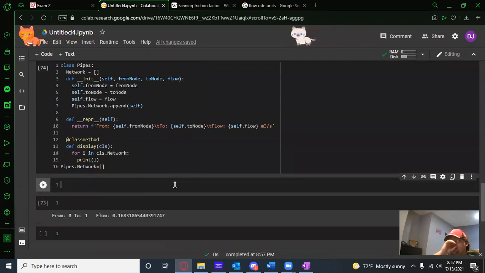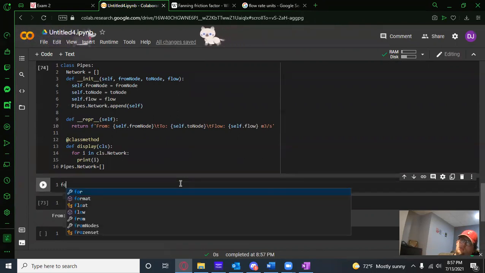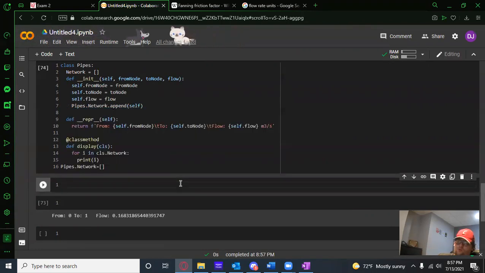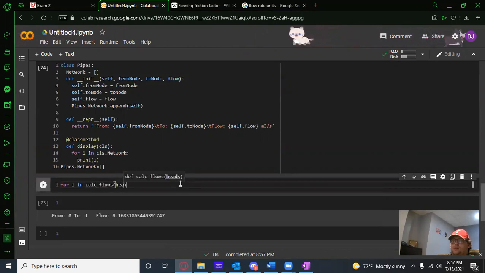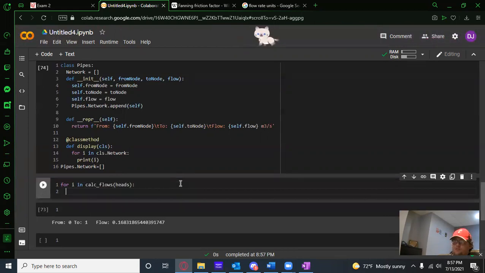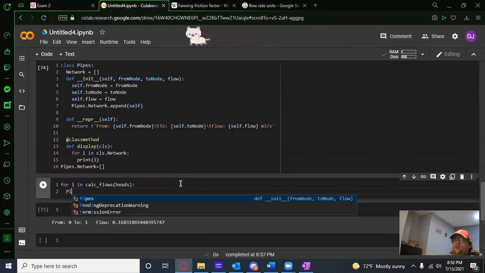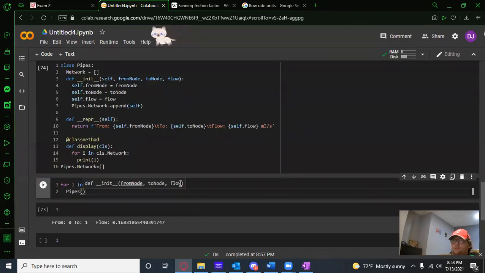So with this one, what we're going to do is for i in calc flows heads, create types.